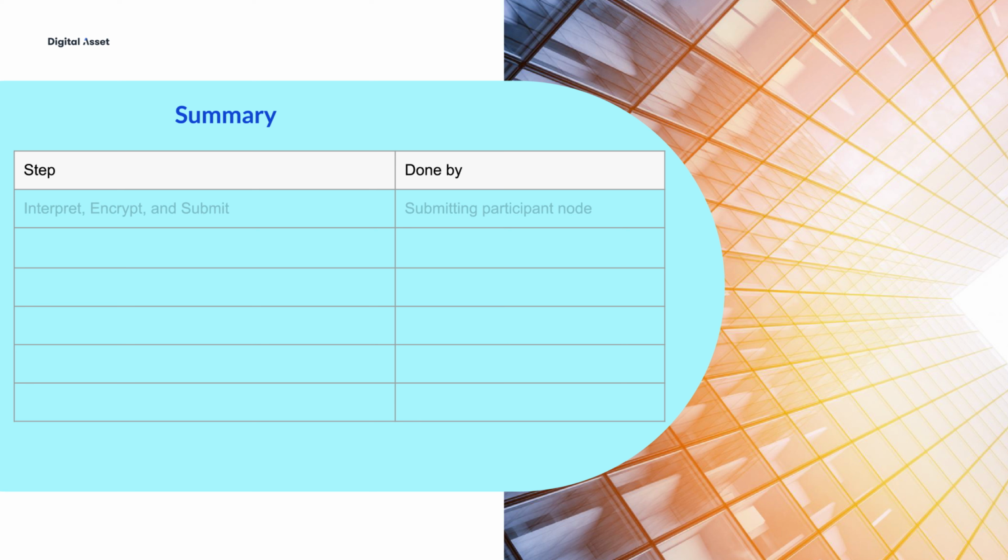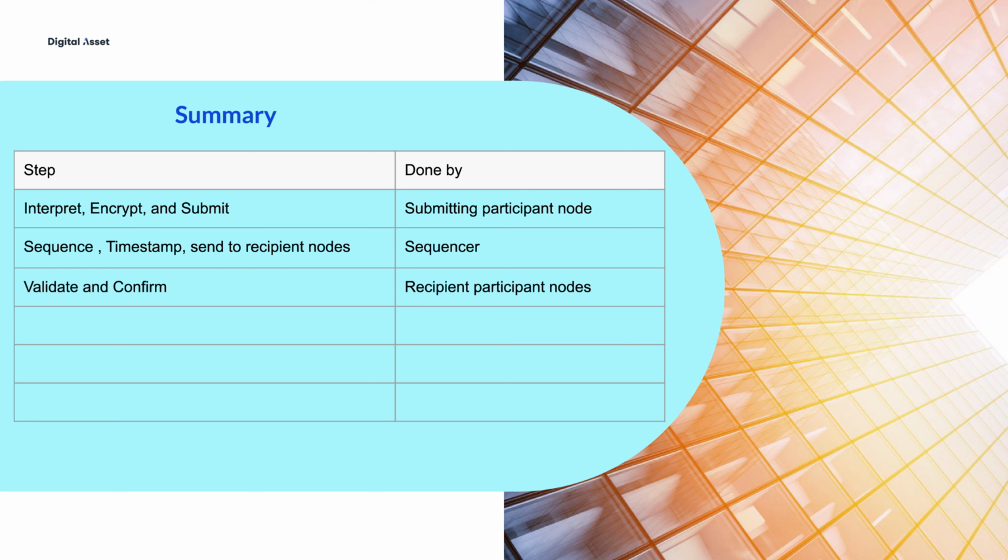It starts with the submitting participant node, interpreting, encrypting, and submitting the subtransactions to the domain. The sequencer in the domain sequences these messages, timestamps, and multicasts them to the recipient nodes. These nodes receive their respective subtransactions, validate them, and send their confirmation back to the sync domain, where the mediator aggregates these confirmations and informs the sequencer.